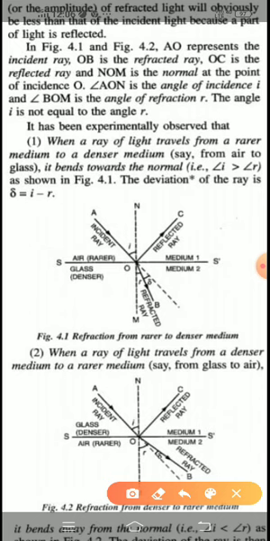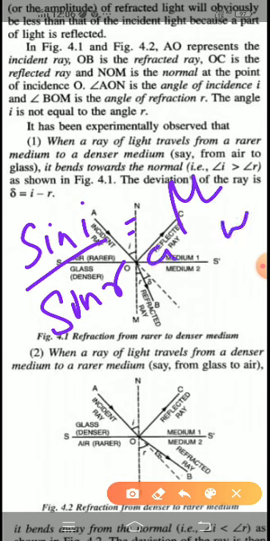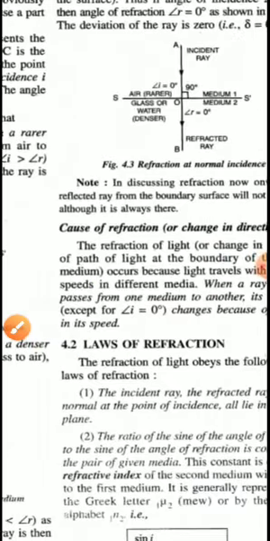In the first case, it is from air to water, therefore sine i divided by sine r. So this refractive index is for air to water. In the next case, sine i by sine r, and this refractive index is from glass to air. I'm sorry, here it is glass, not water.